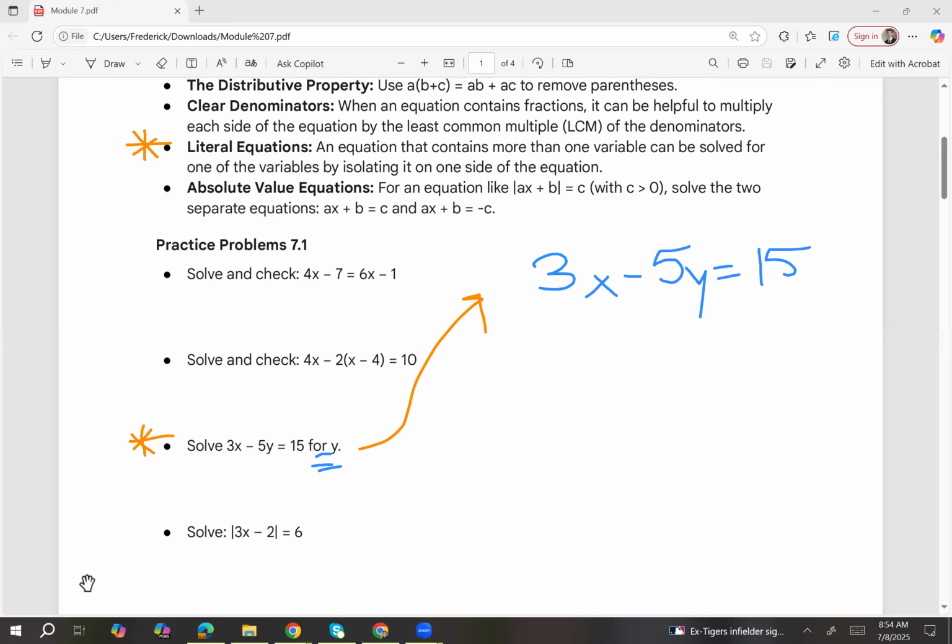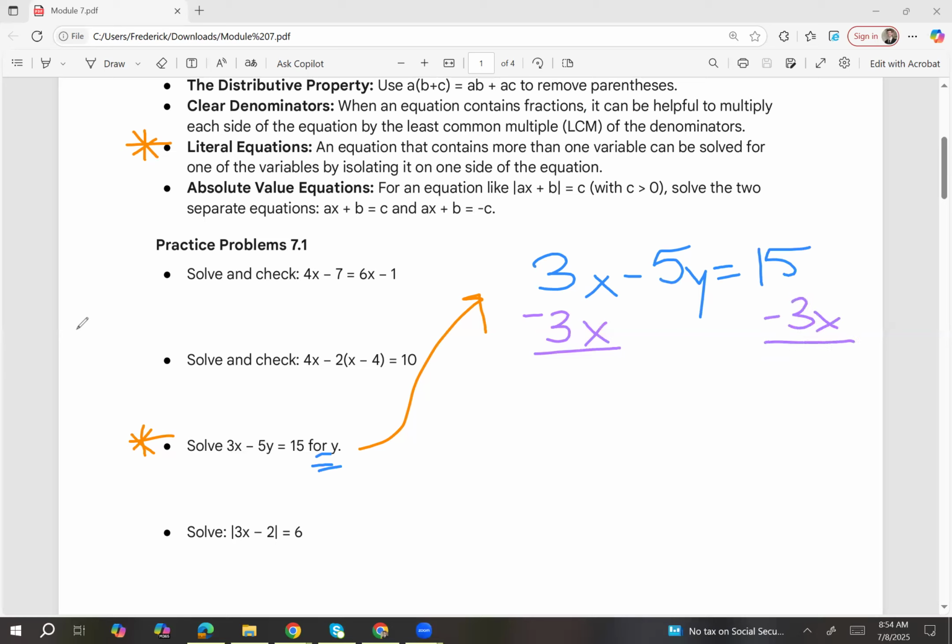So we treat this as if it's something we want to move away from the y term, 3x. How can we do that? Since it's understood positive, no negative sign in front of it, then we would say, okay, that needs to be subtracted on both sides. In order to get rid of that 3x, I'll subtract it on both sides.